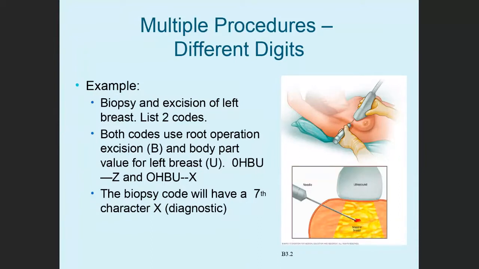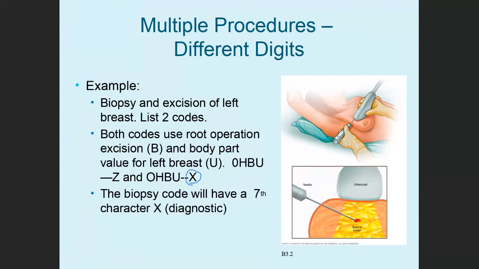It's important to remember that if different values are needed to fully explain what happened during the surgery, list several codes with the different values. For example, a biopsy is coded as an excision. If a biopsy and excision of the left breast is performed, report two codes, one with excision B and body part U. The second code will be the same except for the 7th digit.